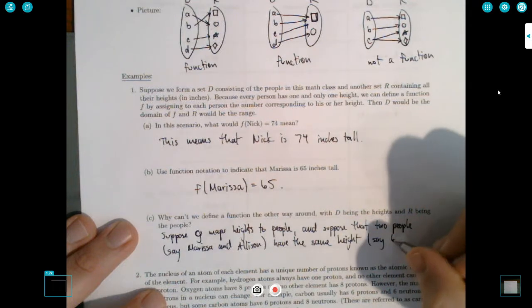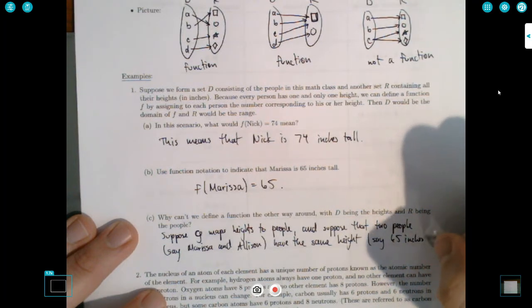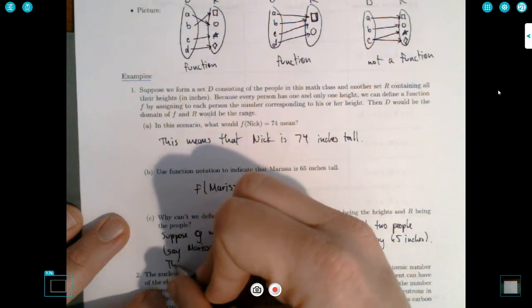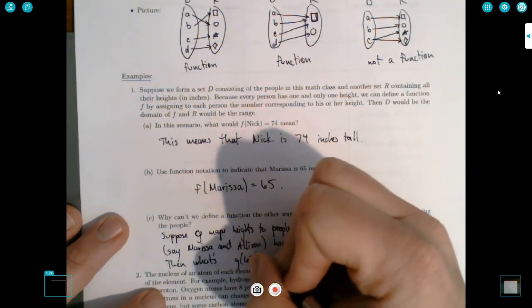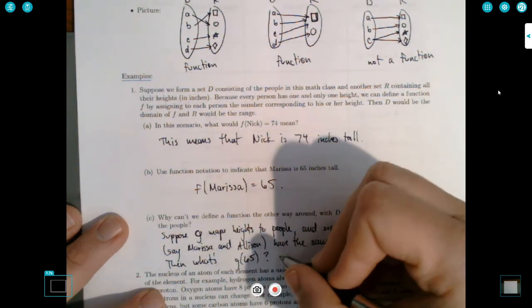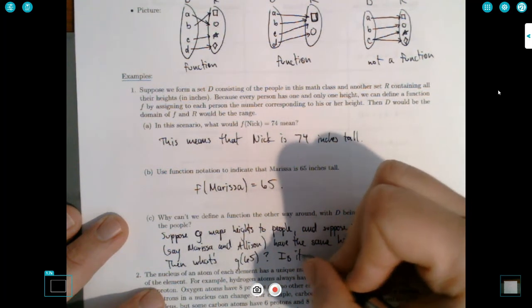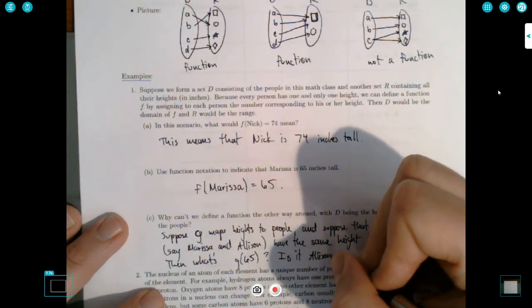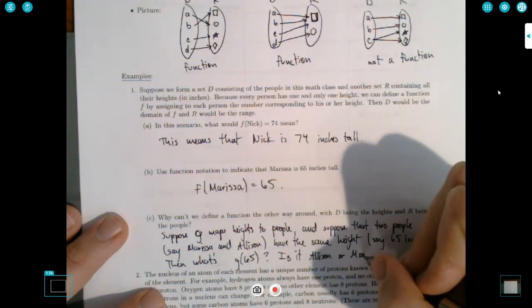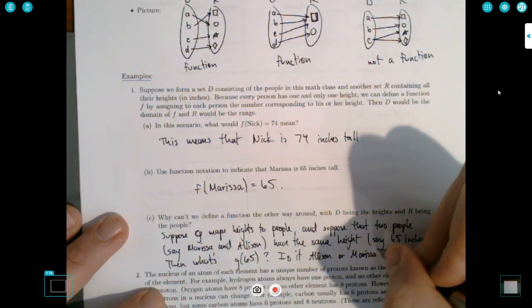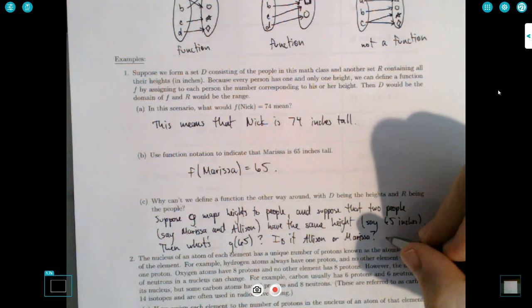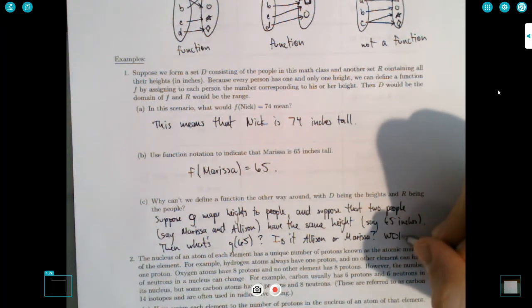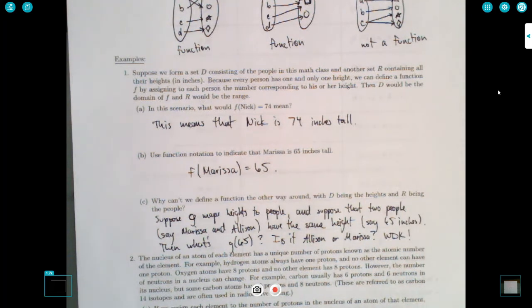Say 65 inches. Then what's G of 65? Is it Allison or Marissa? Right? We don't know. So instead of IDK, we could maybe say WDK. We don't know. And that's a problem. So that's why we can't define a function the other way around.